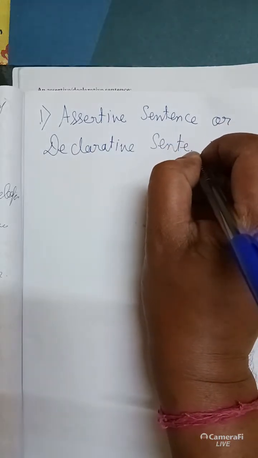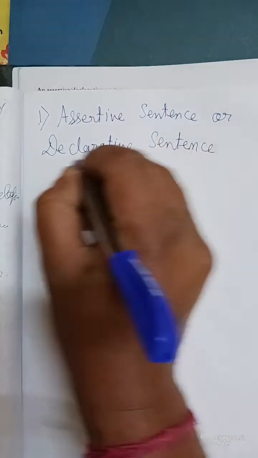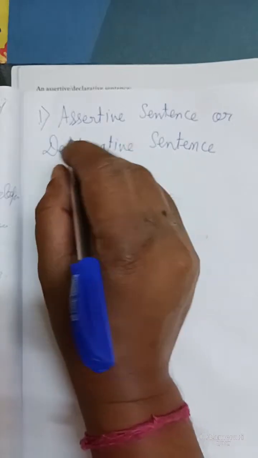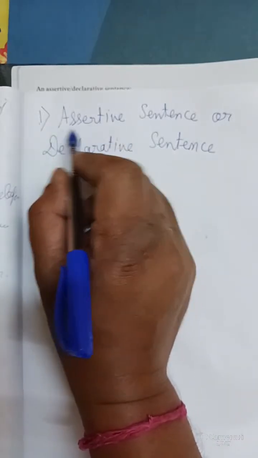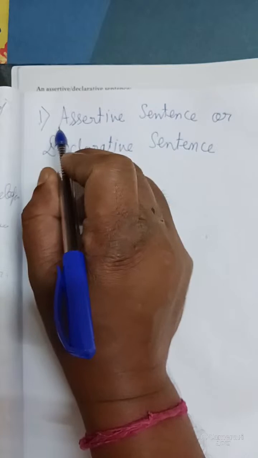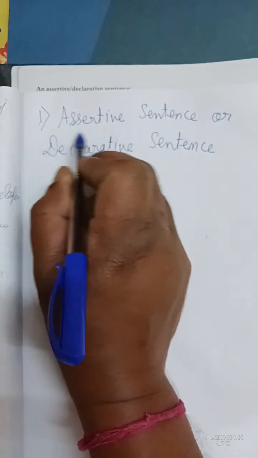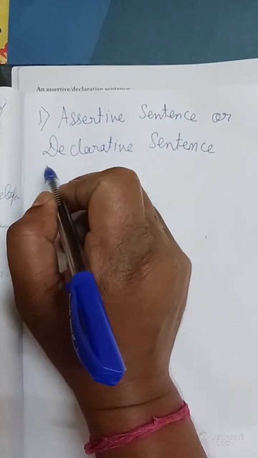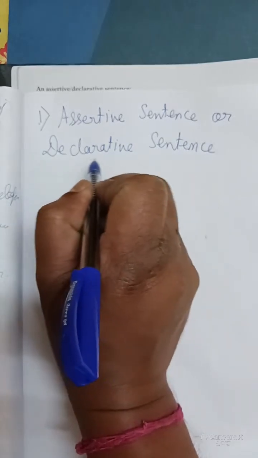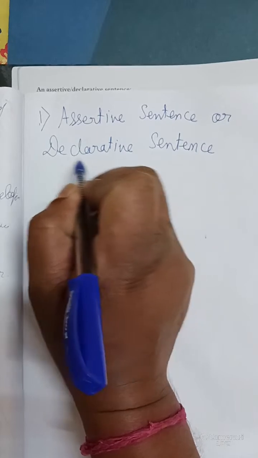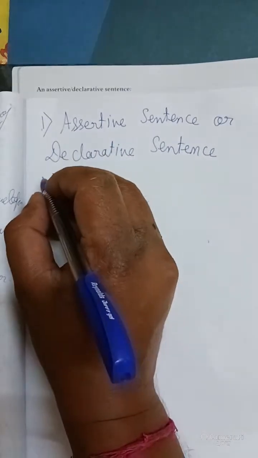Assertive sentence or declarative sentence. Assertive means assertion, means saying something perfectly or stating something. Declarative comes from declaration, means when I state something.